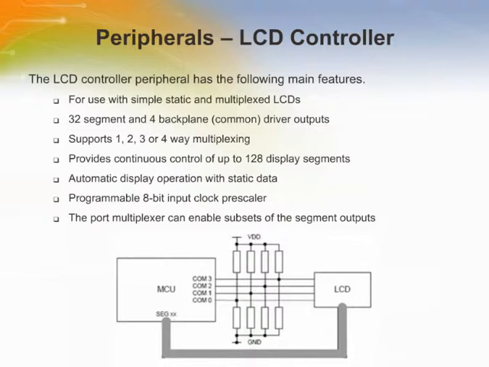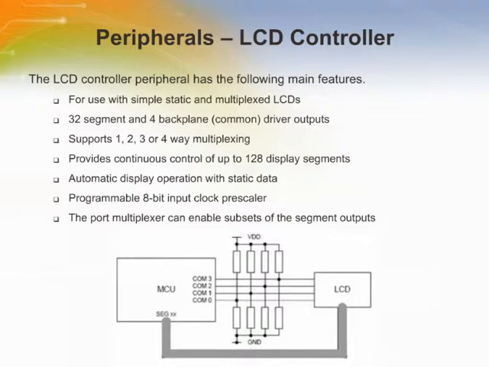The eCOG1X LCD controller peripheral uses this driving scheme with 1 to 4 common backplane outputs and 32 segment outputs. It supports 1, 2, 3, or 4-way multiplexing to provide control up to 128 display segments.